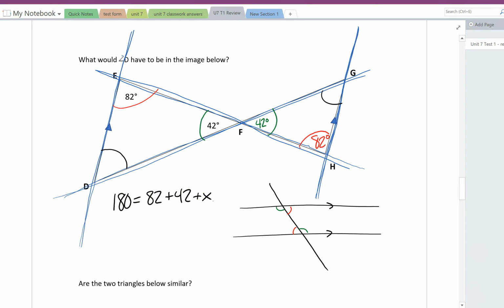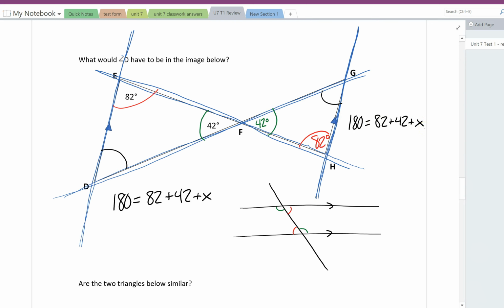I could do that for both triangles, or I could see that these two triangles are going to have to be similar. Because if I do 180 equals 82 plus 42 plus X for this triangle on the left, DEF, it's going to look exactly the same when I do it over here on the right. The same equation is what I would use because I have the same two angles.